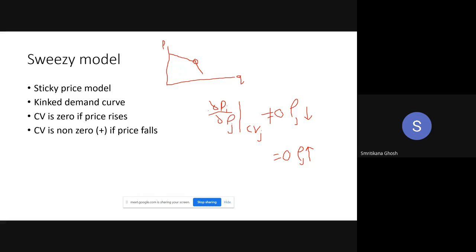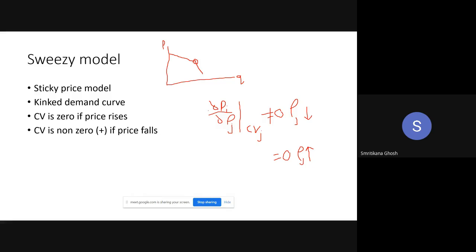But the del Q by del P for my product, that is the proportionate change in demand with respect to the proportionate change in price, will not be so significant. The change in quantity demanded for my product will not be very high because all my competitors are doing the same thing. So the increase in demand because of the fall in price will be shared among all the firms because everyone is reducing the price.